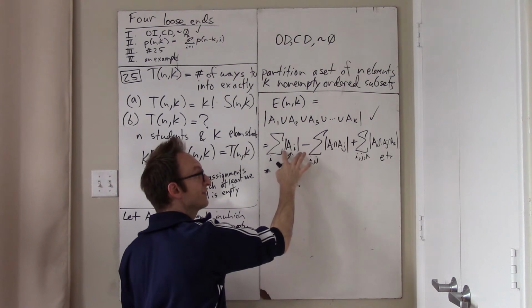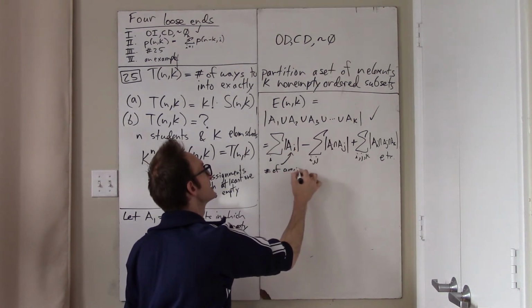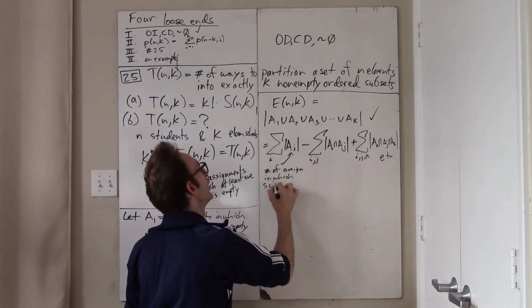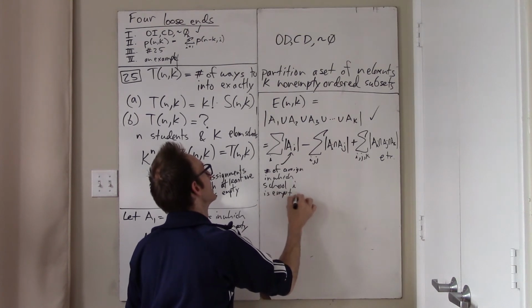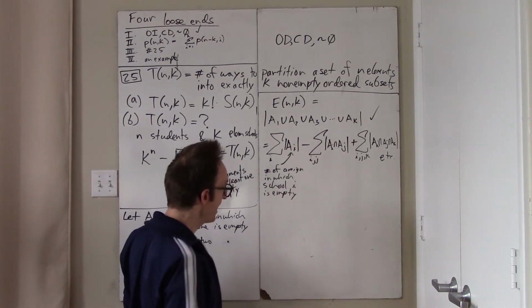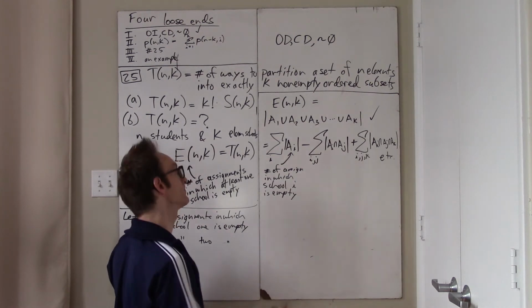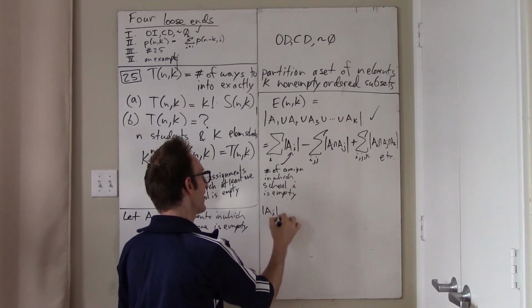The size of A_i, the magnitude of A_i, is the number of assignments in which school i is empty. And what's the answer there? What is the size of A_i?